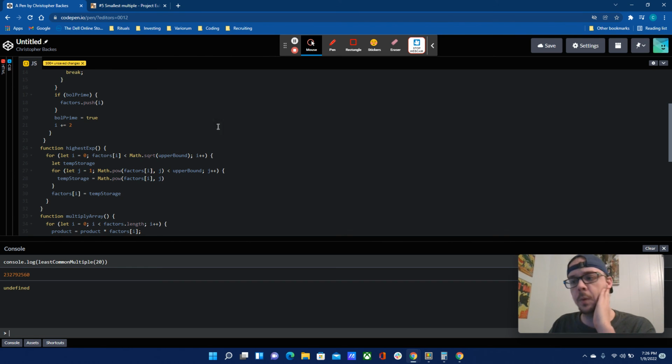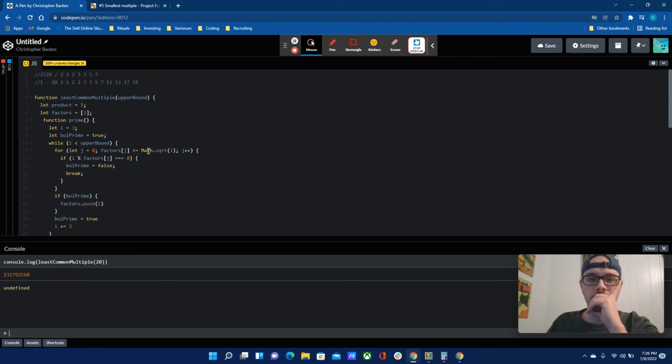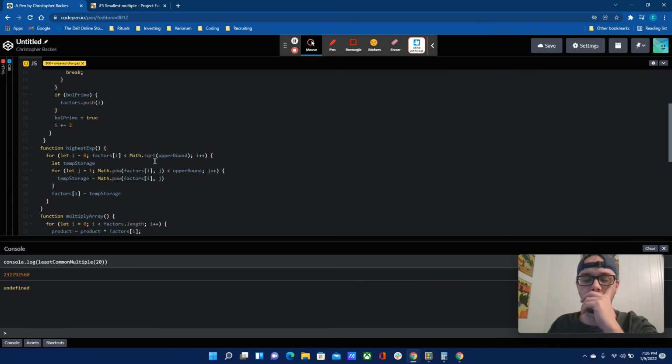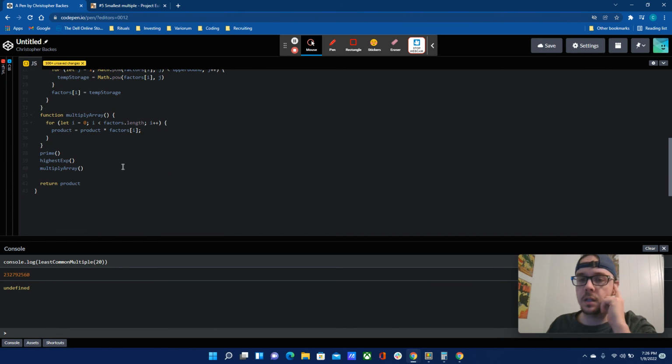So you won't be checking every number. It'll save a decent amount of time on larger bounds. If this were 100 instead of 20, it would shave a bit of time off, and it matches the O complexity of this one up here.